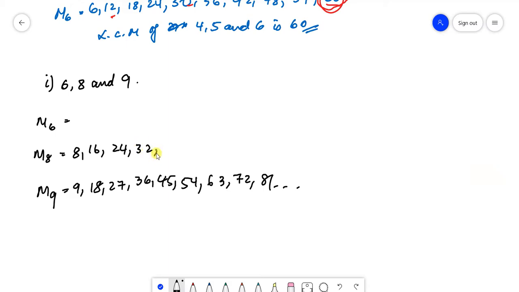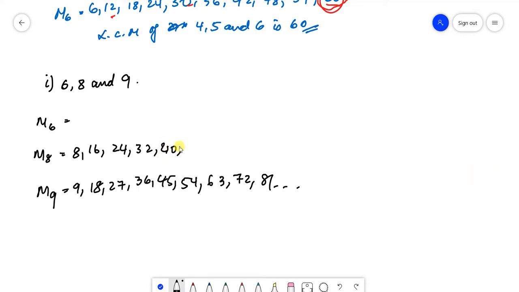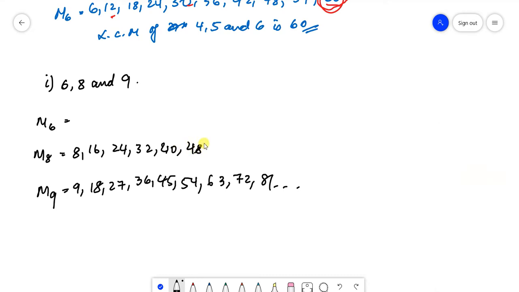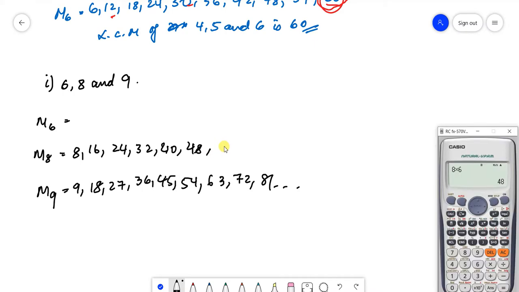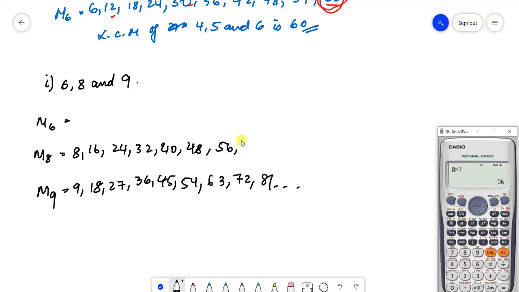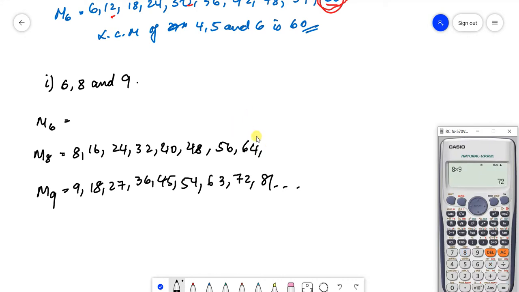I'm just using the calculator so that I don't get a wrong answer. 8 times 5 is 40, 8 times 6 is 48, 8 times 7 is 56, 8 times 8 is 64, 8 times 9 is 72.